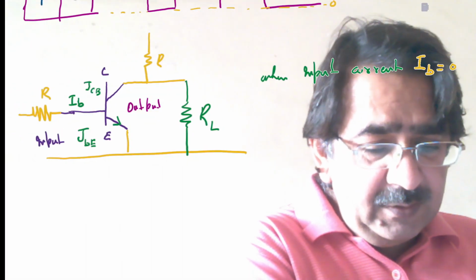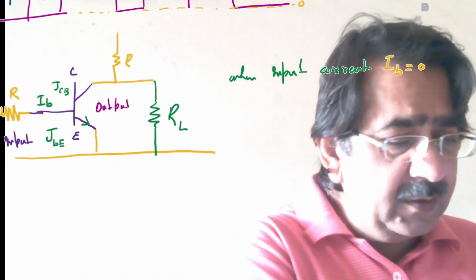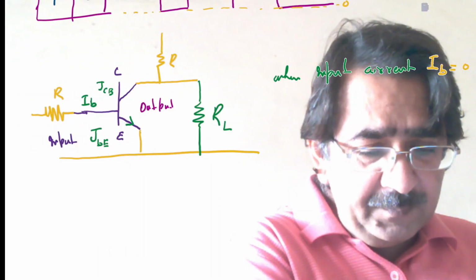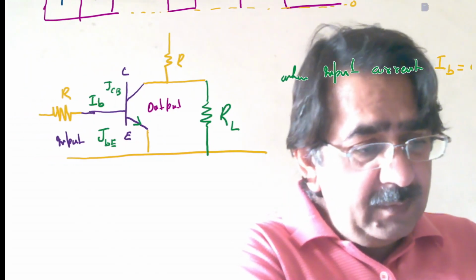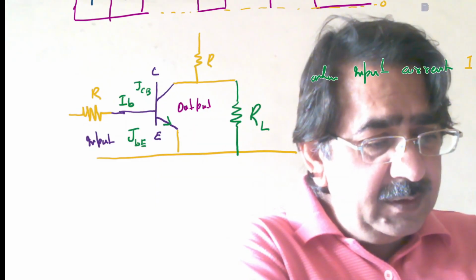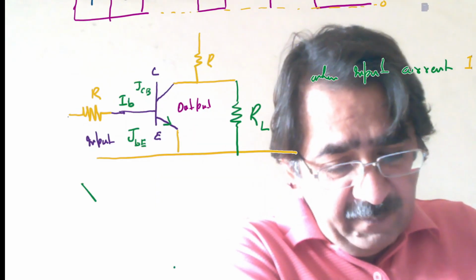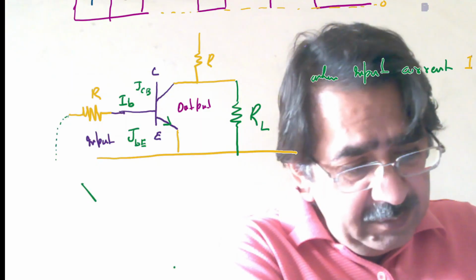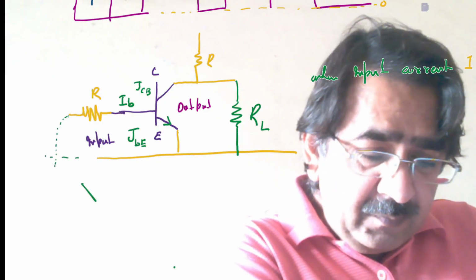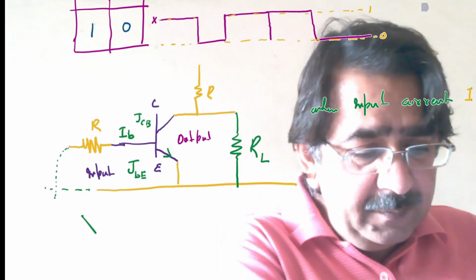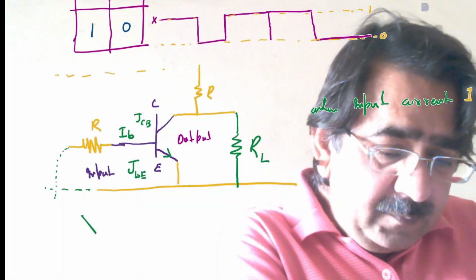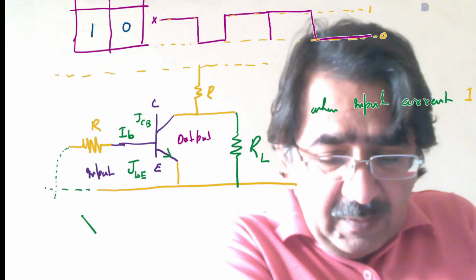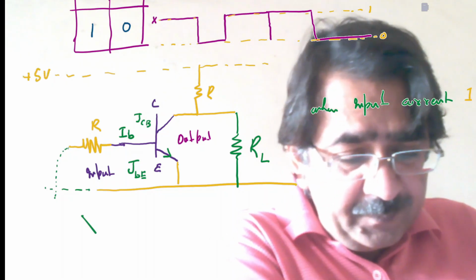When IB is 0, this is connected to 0 volt and this is a 5 volt.